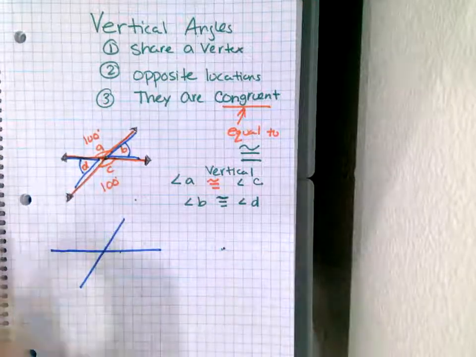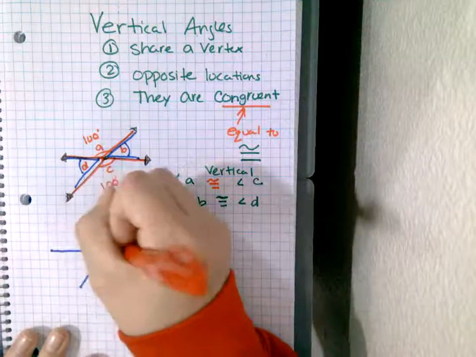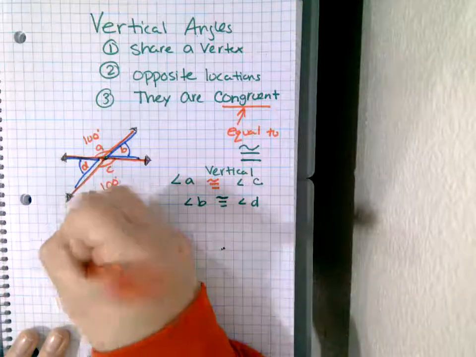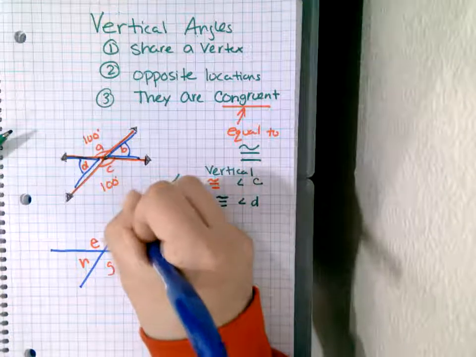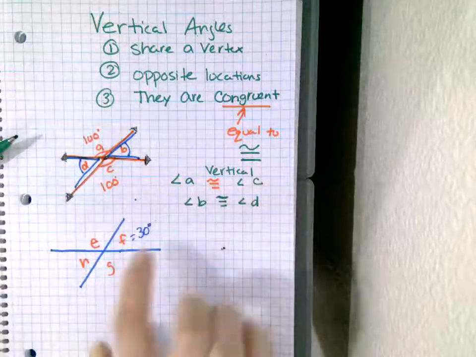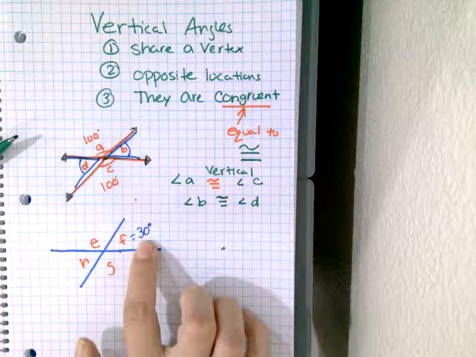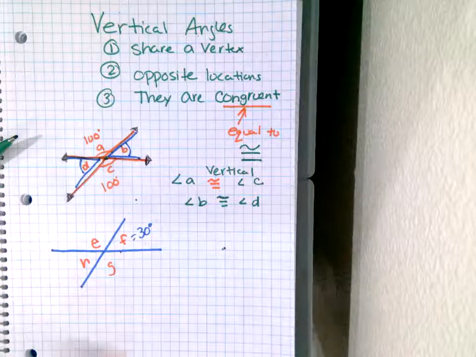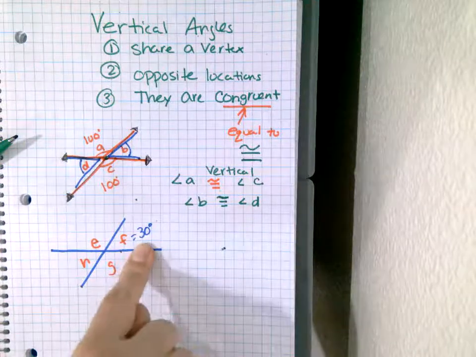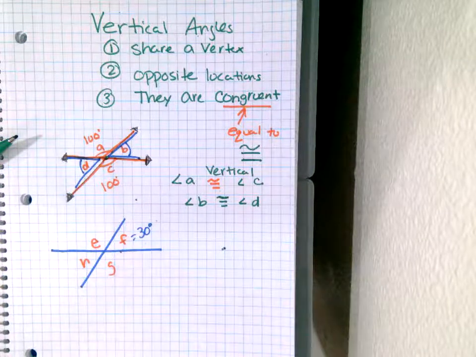So here's another: A, B, C, D, E, F, G, and H, right? And I say angle F is equal to 30 degrees. With that little piece of information, you should be able to tell me all of the angles, all of them, just by giving you the information that this is 30 degrees.